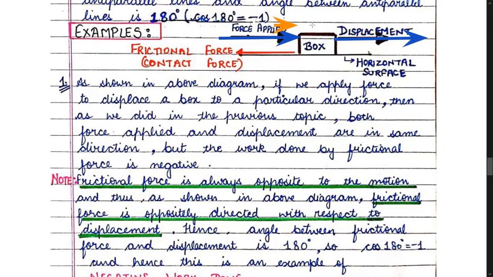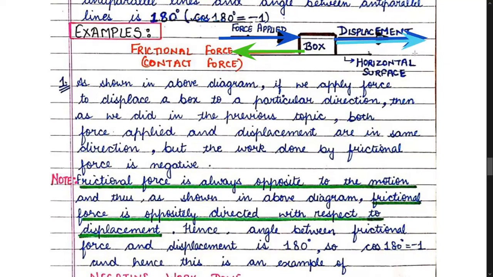So, if the motion is in a forward direction, frictional force will always act opposite. So, children, what is the direction between frictional force and the displacement? Aren't they both opposite to each other?